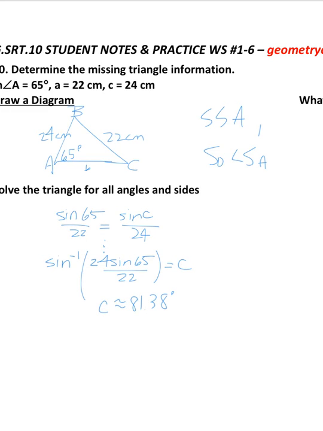So the triangle could look like the one diagrammed above where the measure of angle C is going to be 81.38 degrees, or if we kind of rotated that side BC and we kept the 24 fixed, we kept angle 65 fixed, and we kept the side 22 fixed. If we hinge from B, then we could form an angle down here at C that's going to be 180 minus 81.38.